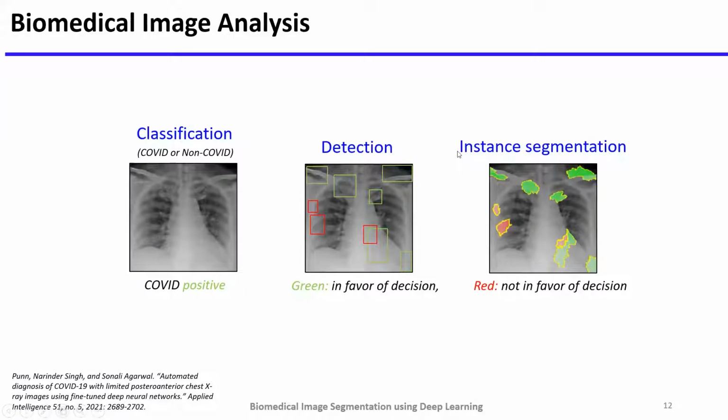Detection is identifying the particular area with the help of bounding boxes, and this identified area will give us a clue to take a specific decision about the particular situation. Then the segmentation is more precise. It creates boundaries, and these boundaries help us interpret the images with respect to certain context.